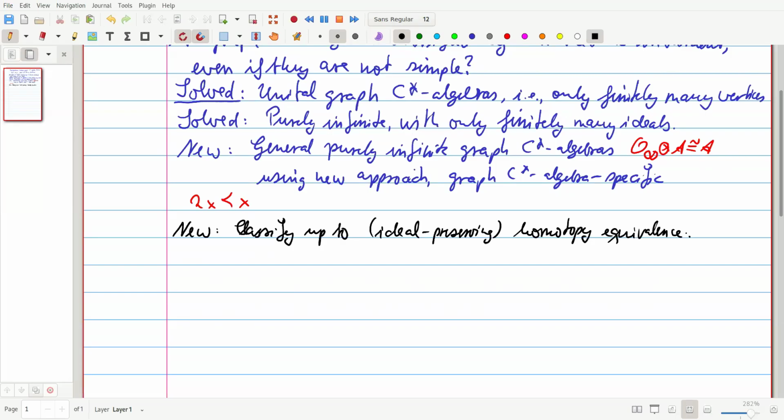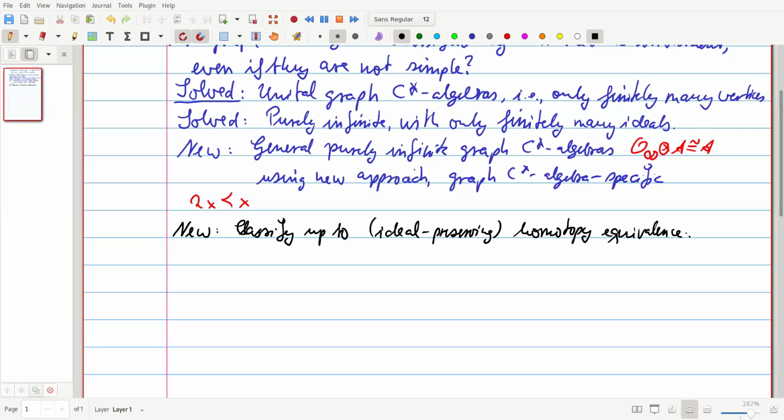This is important because in the non-simple case, when you have ideals, you actually want an isomorphism in the appropriate ideal preserving KK theory. That's what you can feed into Kirchberg's result. And that's what is also produced by our theory.